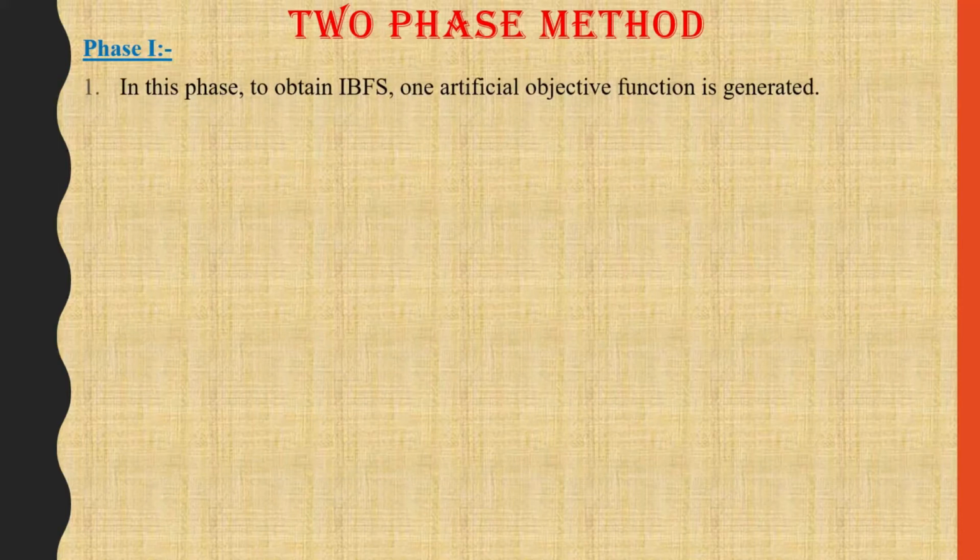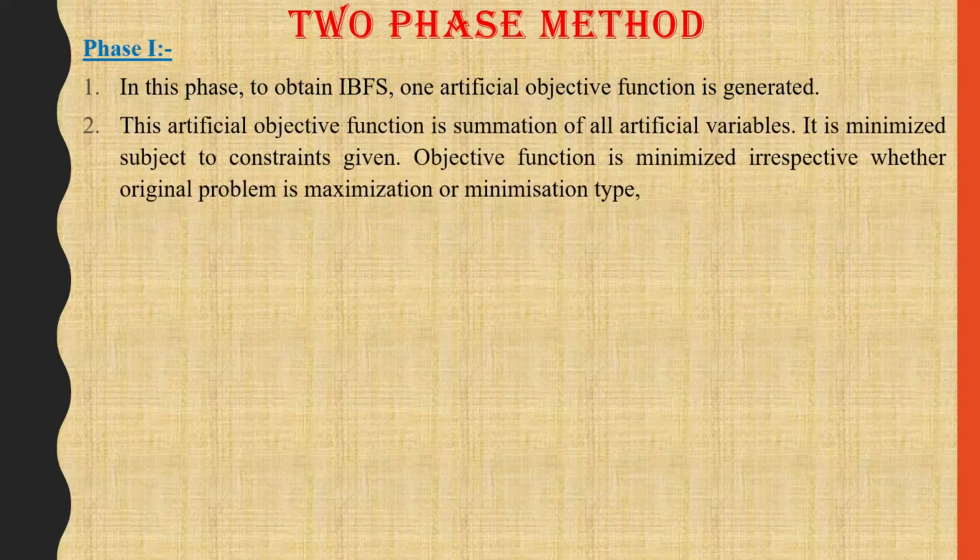First, in this phase, to obtain the IBFS, that is the initial basic feasible solution, one artificial objective function is generated. This artificial objective function is the summation of all the artificial variables. It is minimized subject to the given constraints, irrespective of whether the original problem is maximization or minimization type.